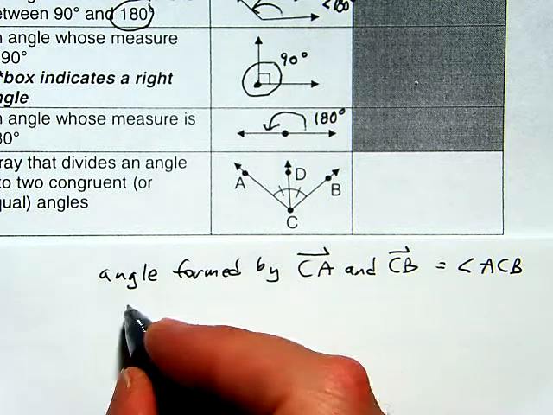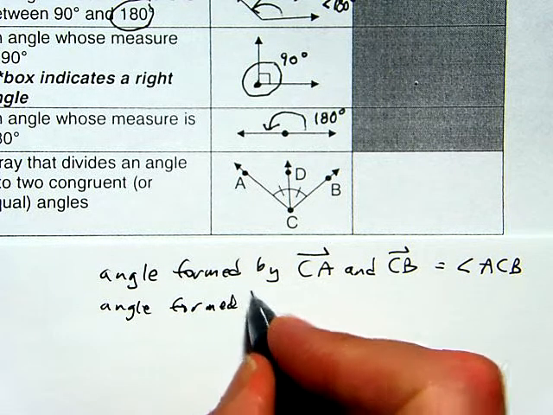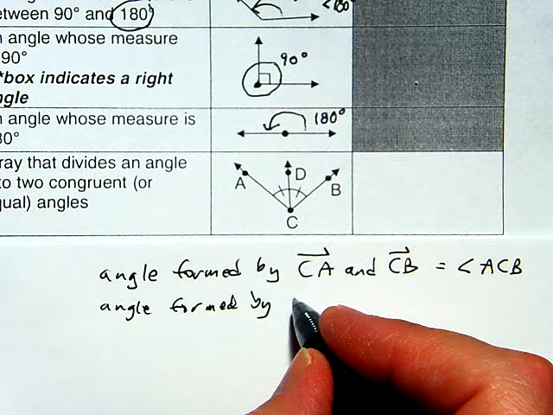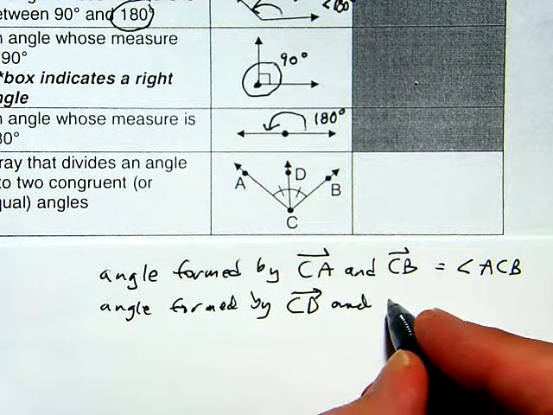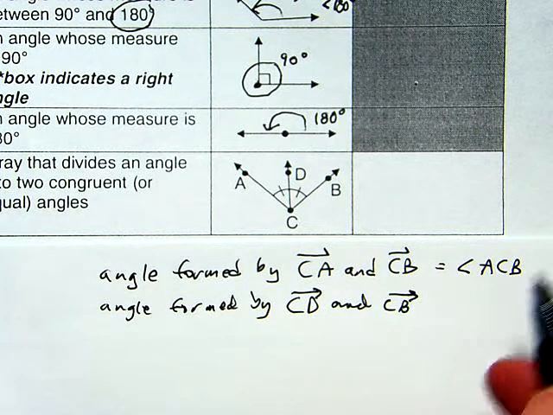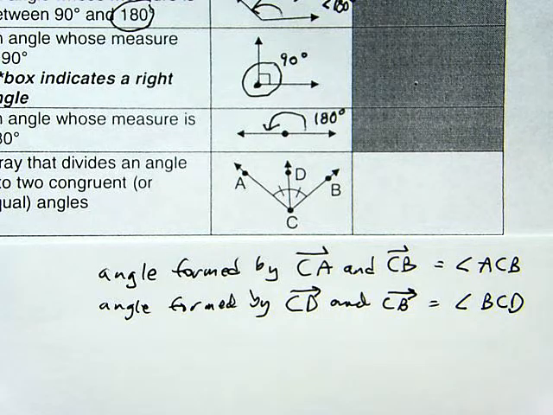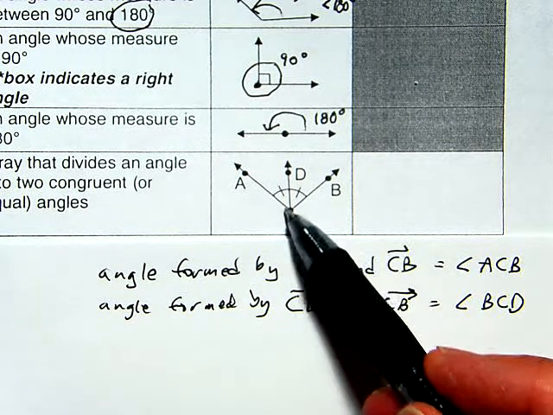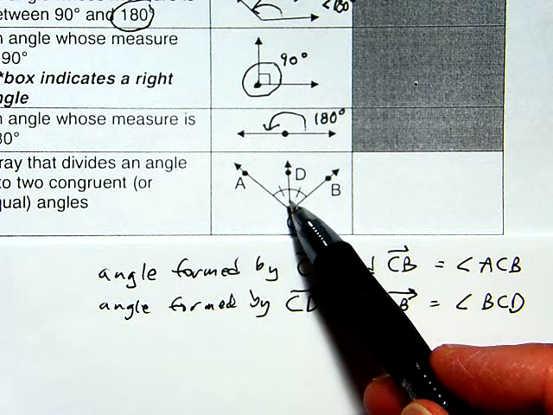Okay, the angle formed by ray CD and ray CB is angle BCD.